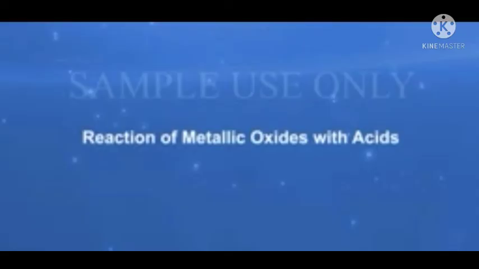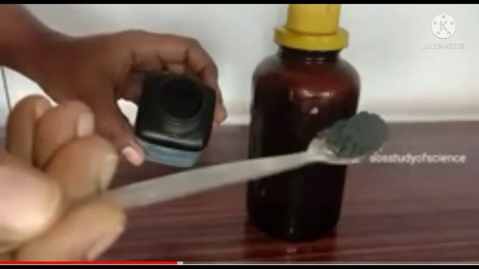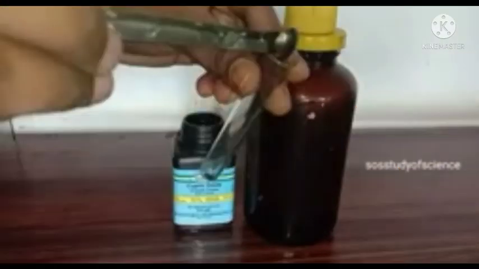Now, the next reaction we have to study is the reaction of acids with metallic oxides. What will be the products formed? To study that, we can study the reaction between copper oxide and hydrochloric acid. Copper oxide, which we studied in the first lesson, is black in color. We add that black copper oxide into a test tube, and then add a few drops of hydrochloric acid.